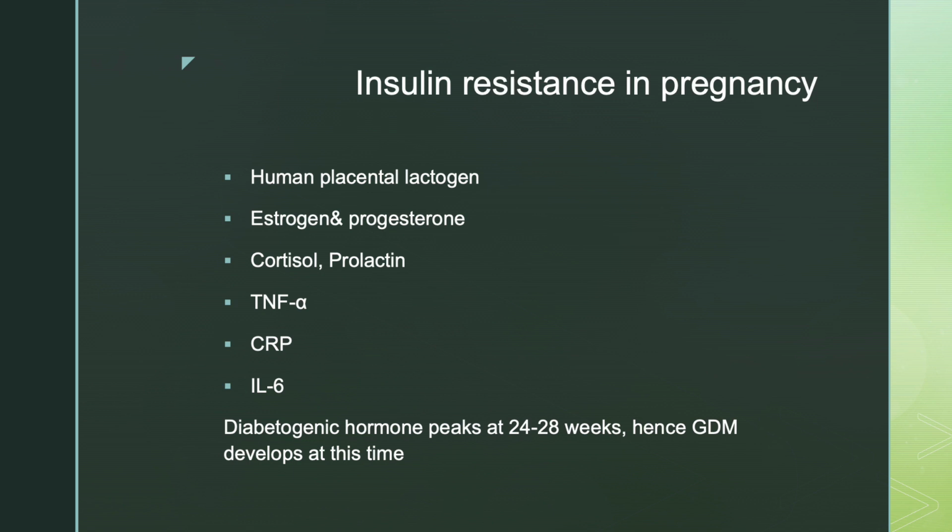And this diabetogenic effect is found to peak between 24 to 28 weeks. Hence, GDM develops at this time of pregnancy. And that is the rationale for testing or screening for GDM at 24 to 28 weeks of pregnancy.